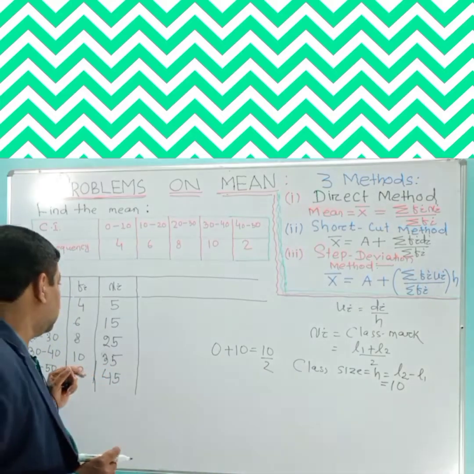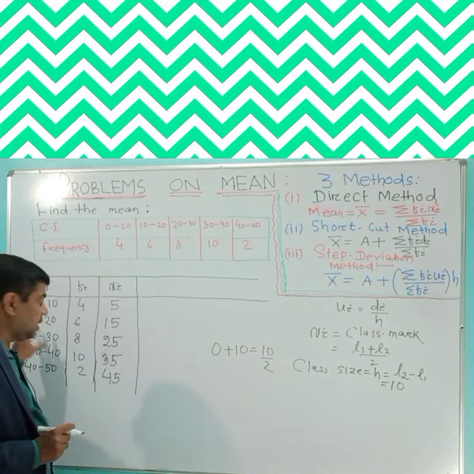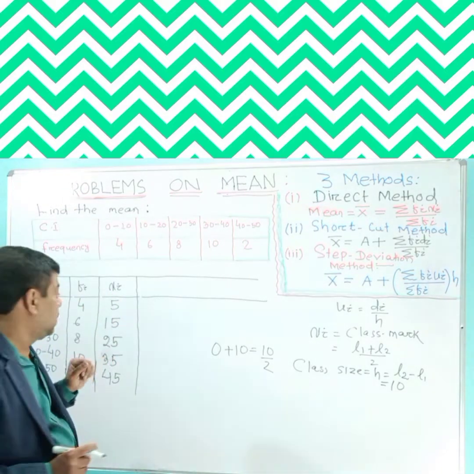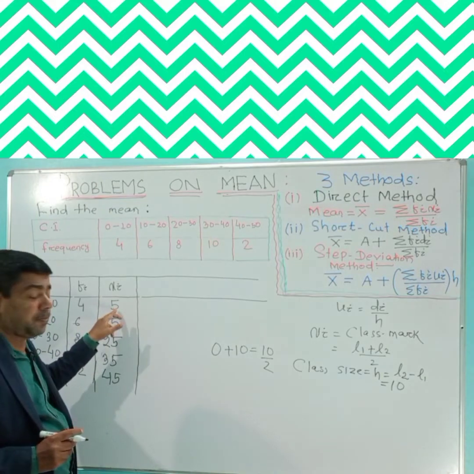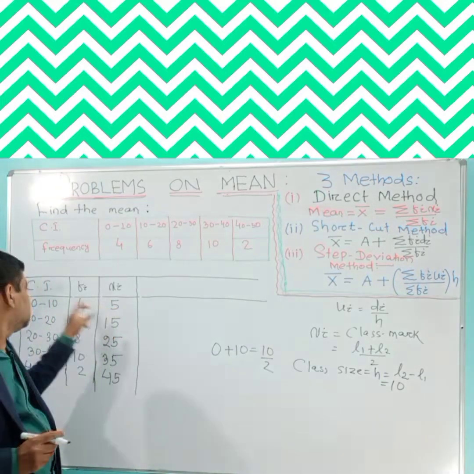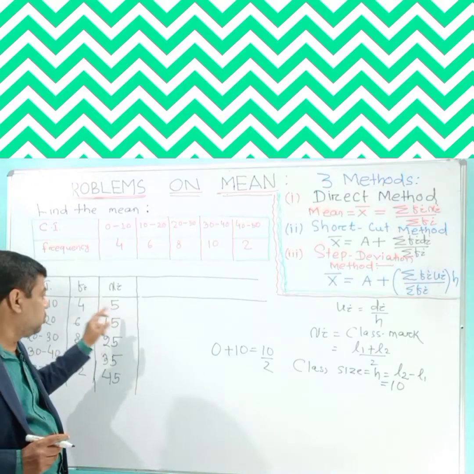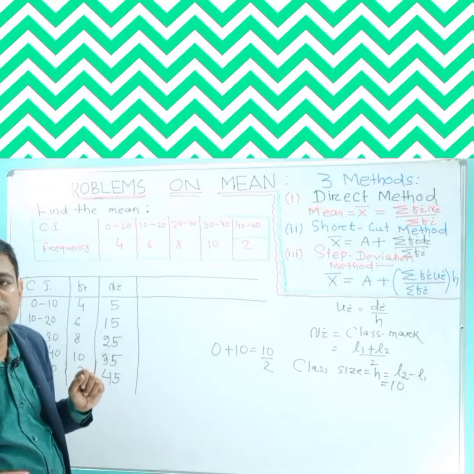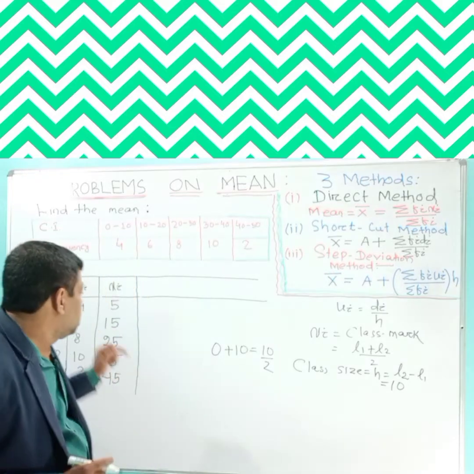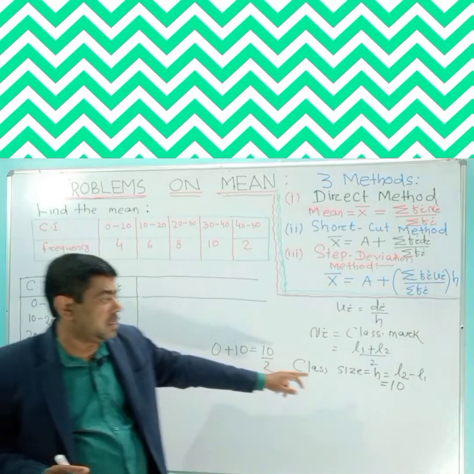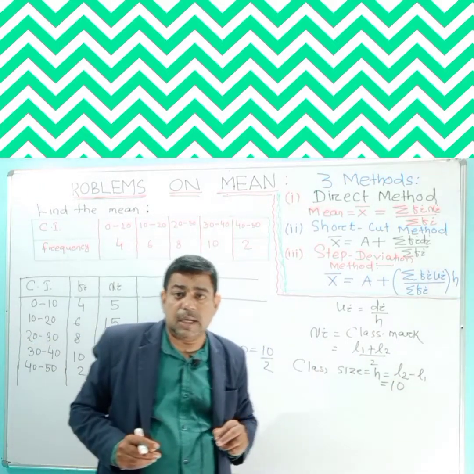Understand or not? So let us see, if the class sizes of the class intervals are the same, let us find out the class mark of the first class interval, which is (L1 plus L2) by 2, which is 0 plus 10, which is 10 by 2, is 5. Then you see the class size is 10.